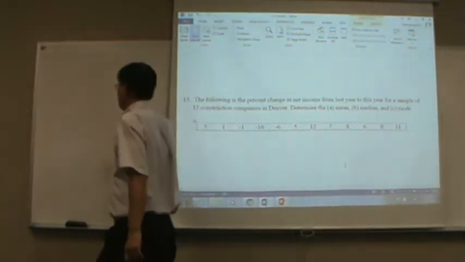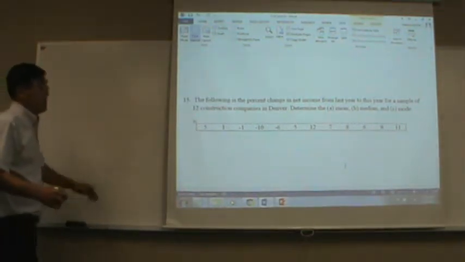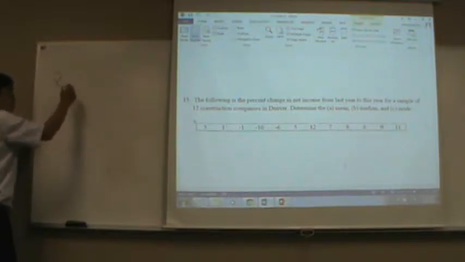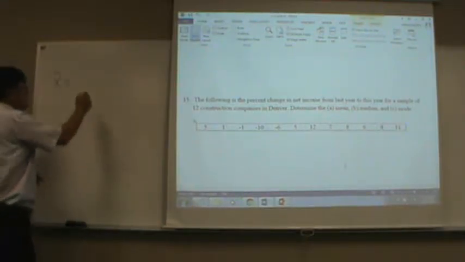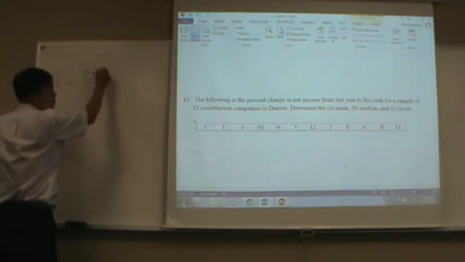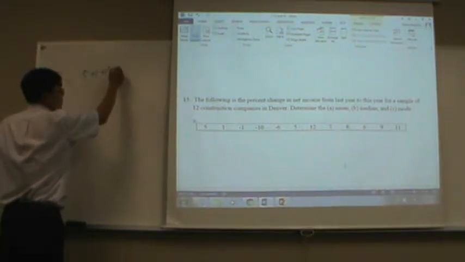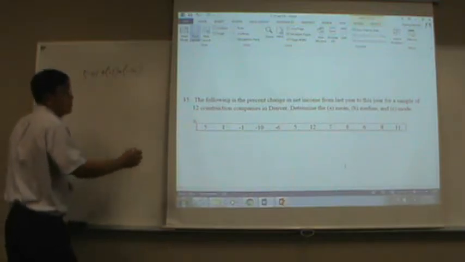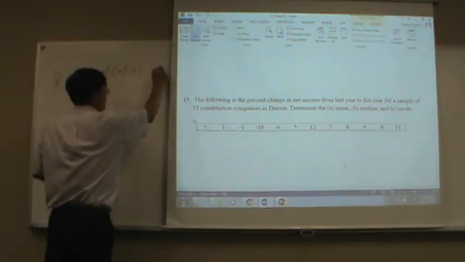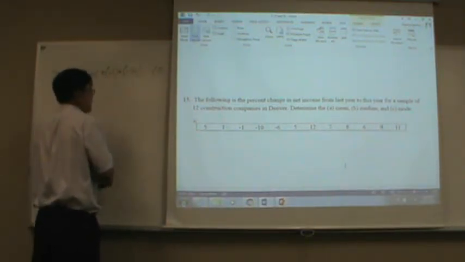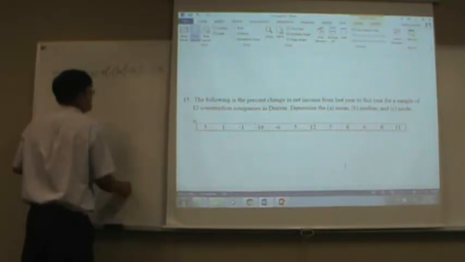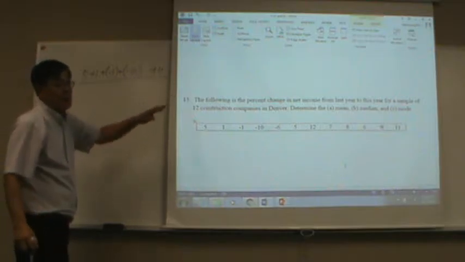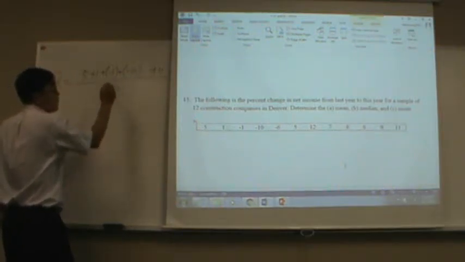Mean, just add all of them and divide by the sample size. If this is a sample, then x bar equals 5 plus 1 plus minus 1 plus minus 10, and so on up to the last one, 11 plus 11, divided by the sample size, 12.